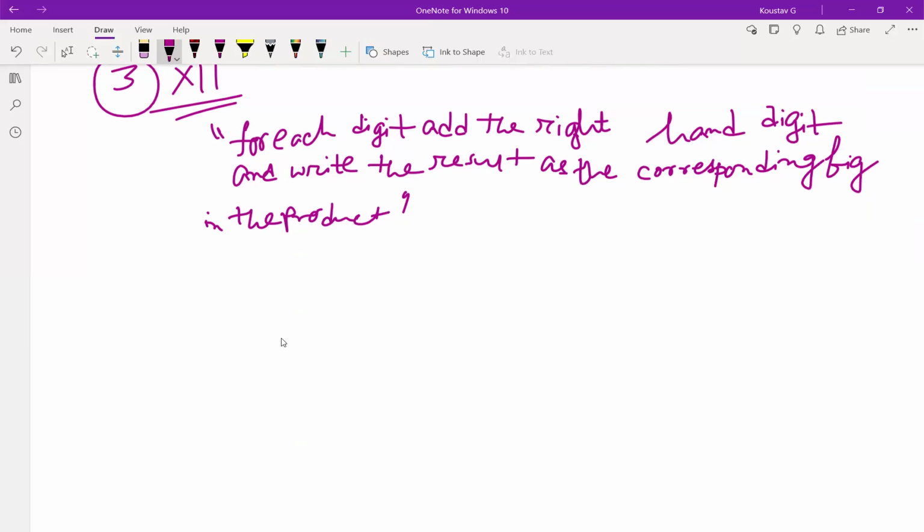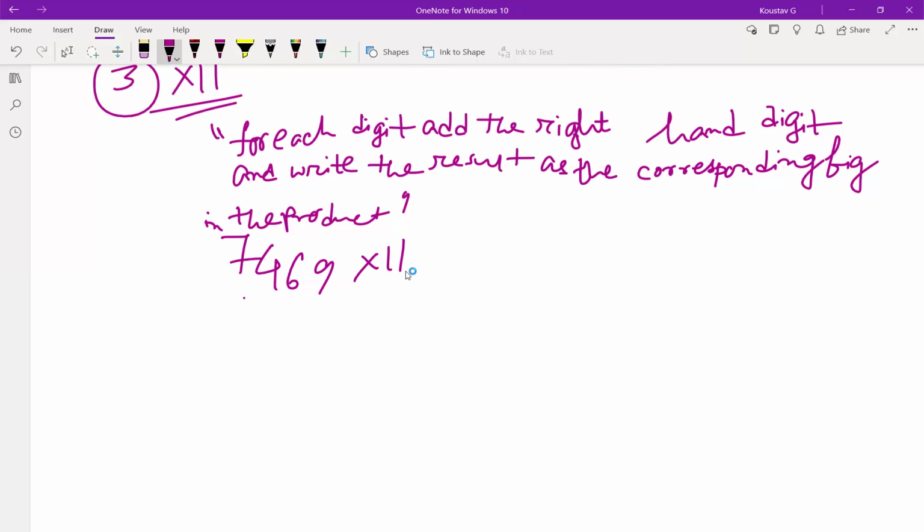We will use one example for that: 7469 multiplied by 11.